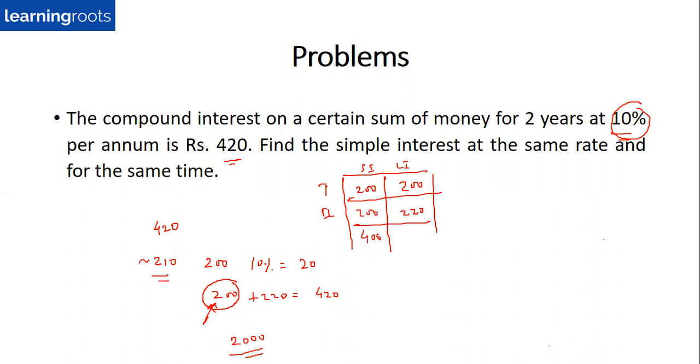So that's how you get 400 and 420. So that is another way of solving this question. Nothing wrong with finding the principal and then finding the actual simple interest, because it's just 10%. So 200 into 2, 400 as the final answer. So SI will be 400.